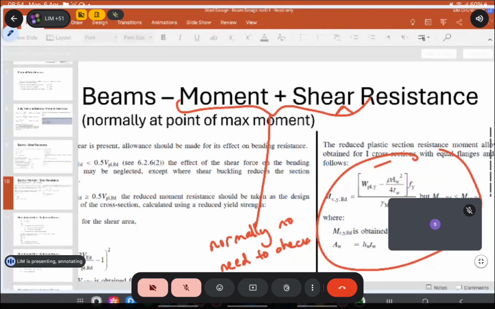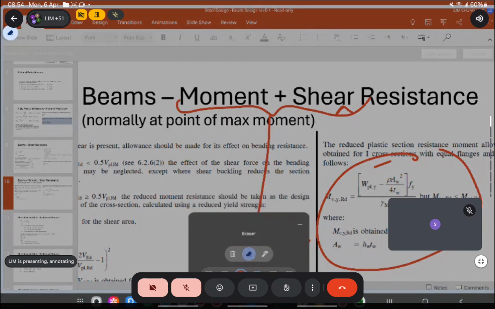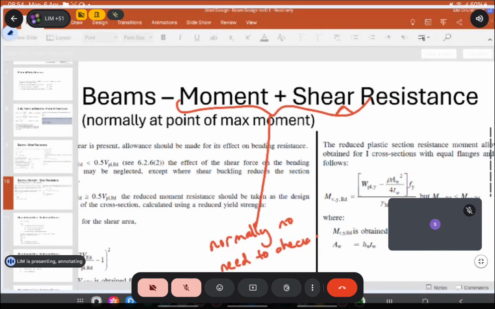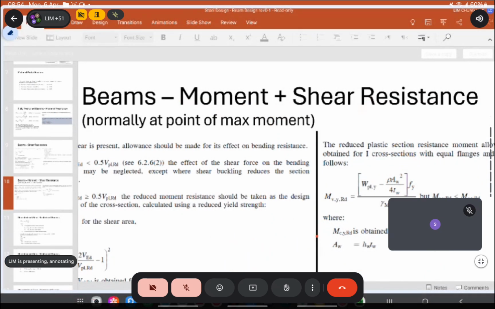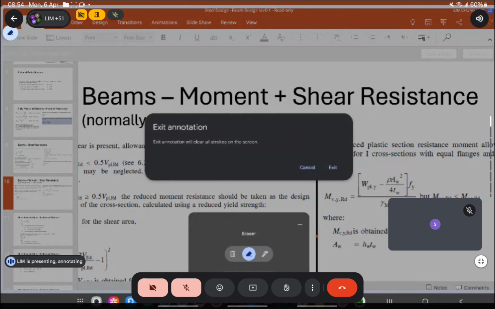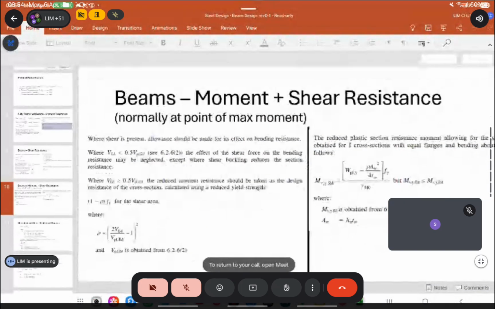Basically what it's about is, the way it works is, I just explained to you quickly. I need to remove the annotation. Alamak, I think I stopped sharing screen.